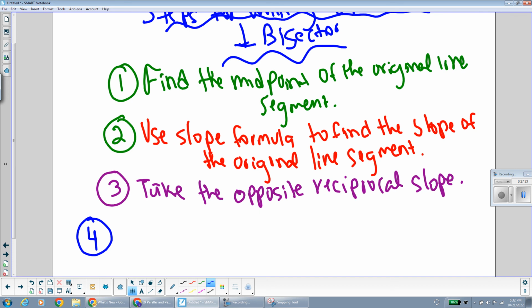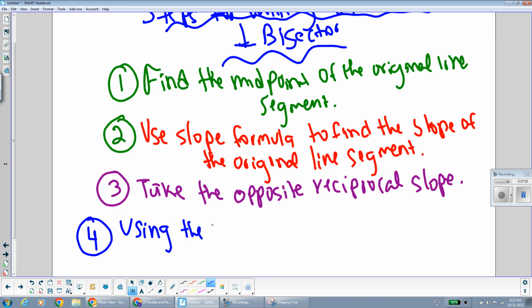And once you have a point and a slope, you can write your equation of the line using either point slope form or y equals mx plus b. I highly recommend point slope form. It cuts down on the work that you need to do, just like we were doing in this video. So using your midpoint and using your opposite reciprocal slope, write the equation of the line.